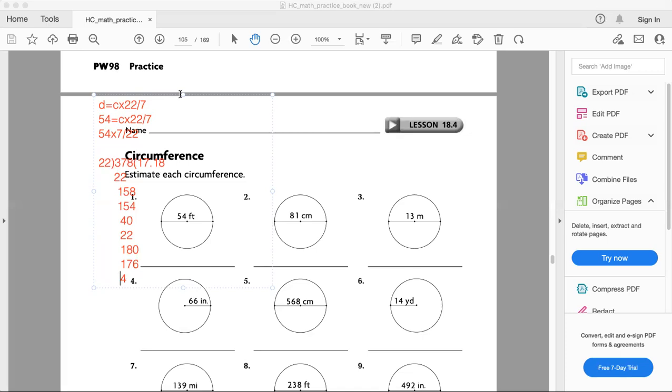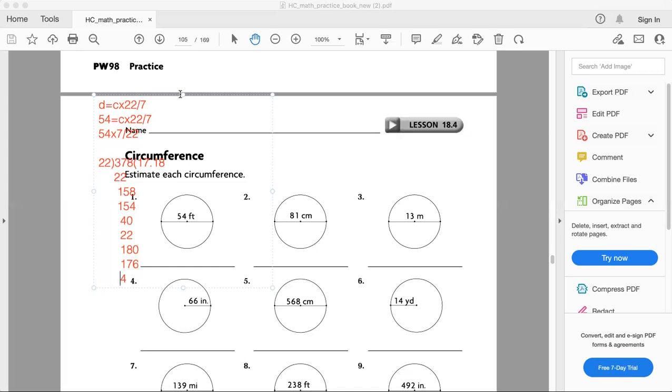So first we have to divide 378 by 22. First we have to try with 22. So 22 times 1 is 22. The remainder is 15 and 8 comes down, and 158.